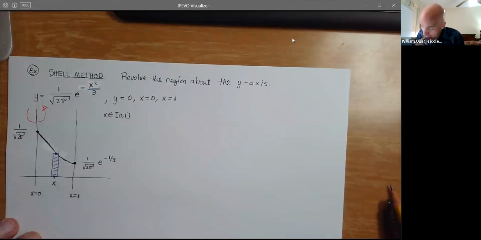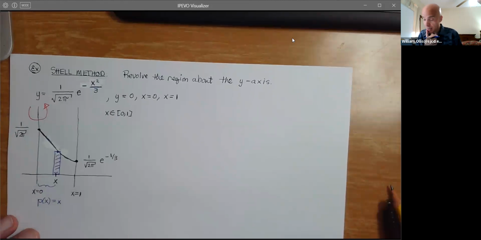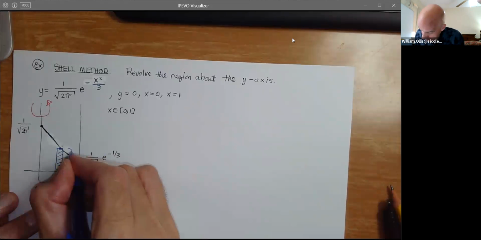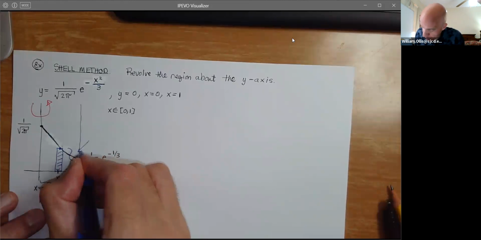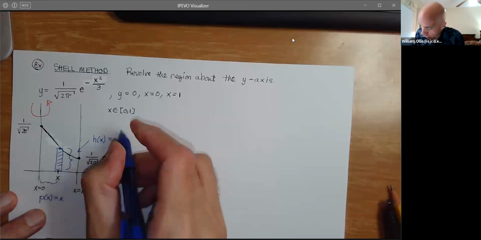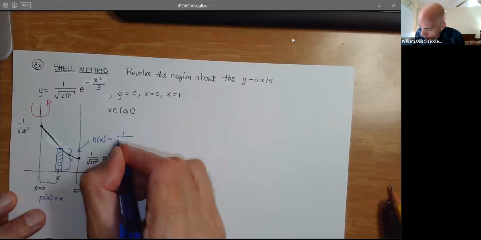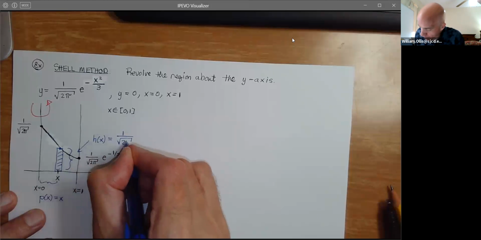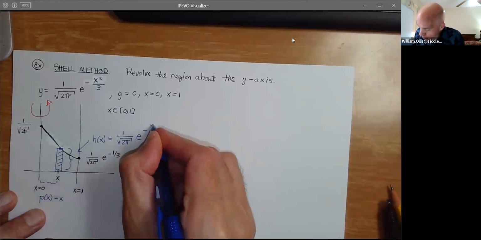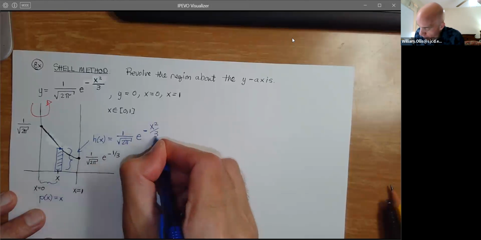Here's the axis of revolution, and the distance to the axis of revolution is just the independent variable. That's always nice. And the length of the strip, h of x, is just the value of the function at x, so we get 1 over the square root of 2 pi e to the negative x squared divided by 3.